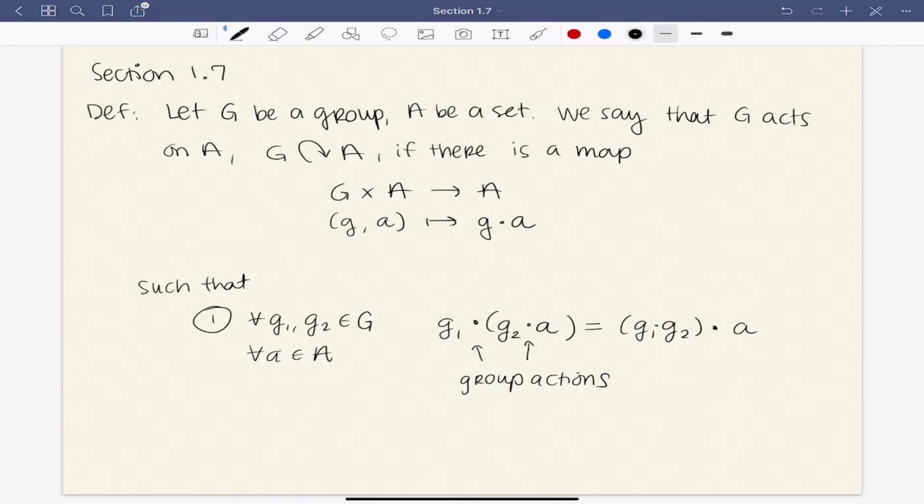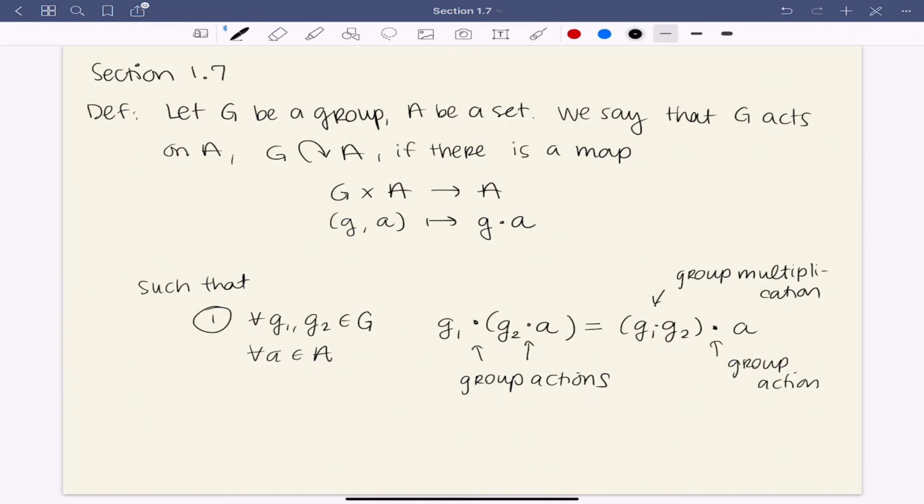On this side, though, this one is a group multiplication, and this one is a group action. So it's important to be careful to remember that even though we're using dots for everything, we don't always mean the same thing by dot. It depends what elements are on both sides of the dot.